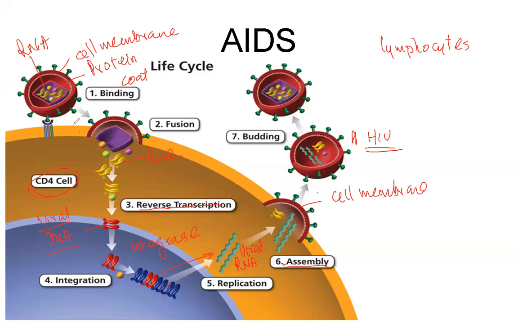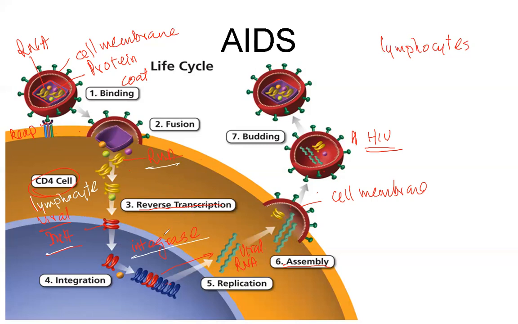Hope you understood this. The virus, after entering the body, binds to the receptors. Those are the receptor proteins on what cells? CD4 lymphocytes. On the surface of the lymphocyte, they bind to the receptors. After binding to the receptor, the virus enters the cell, and the RNA of the virus is converted to DNA. And there's an enzyme called integrase.